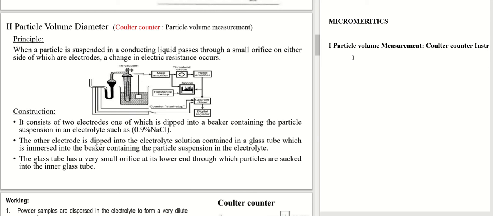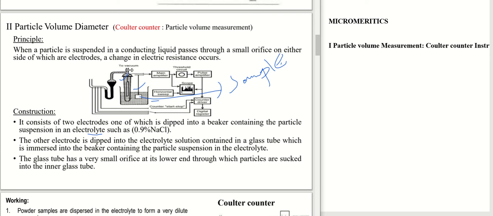Before that, let's discuss the construction of this equipment, the Coulter counter. This Coulter counter will have two electrodes. One electrode is dipped into a beaker. This beaker will have our sample, which is made as a suspension with the help of an electrolyte.